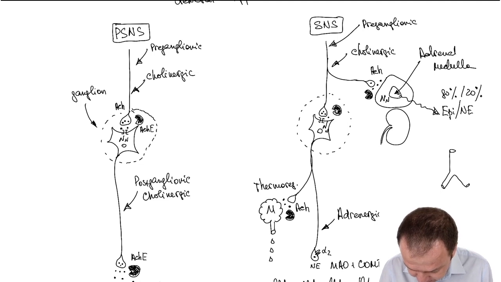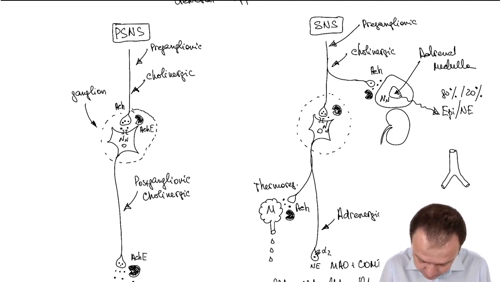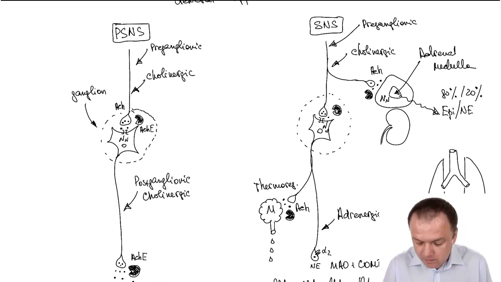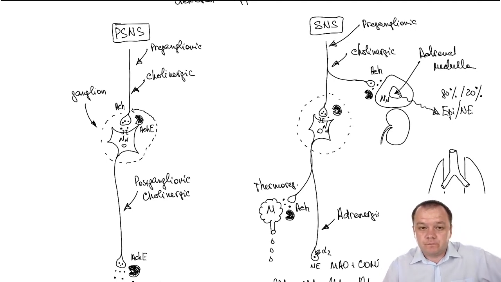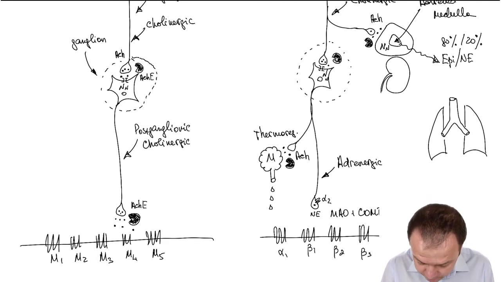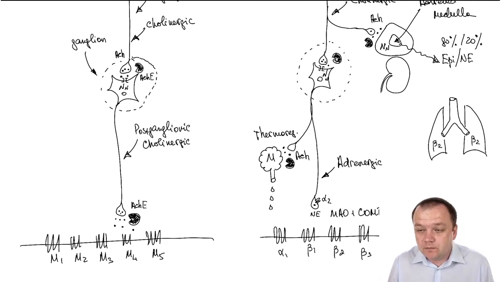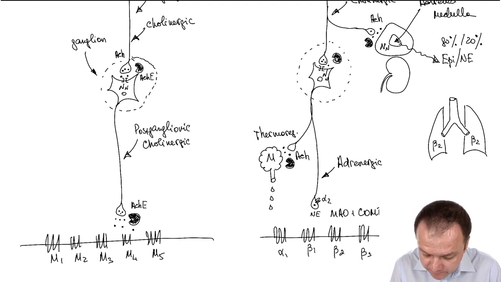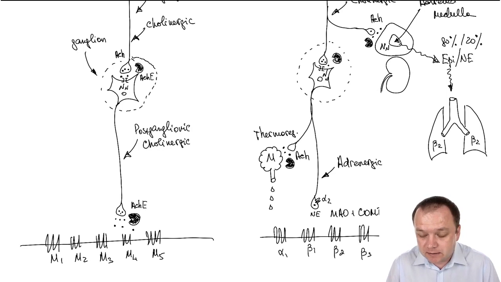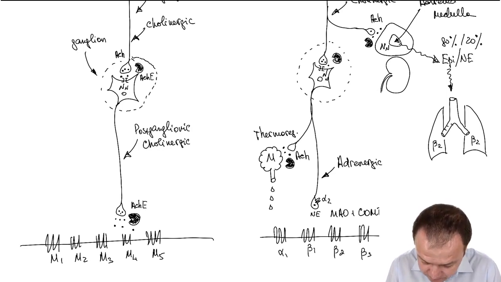But here is my question: how are these beta 2 adrenergic receptors in the lungs innervated if we say that norepinephrine is the major neurotransmitter and norepinephrine does not interact with beta 2 adrenergic receptors? The answer is that epinephrine from systemic circulation acts on beta 2 adrenergic receptors in the lungs and causes bronchodilation.